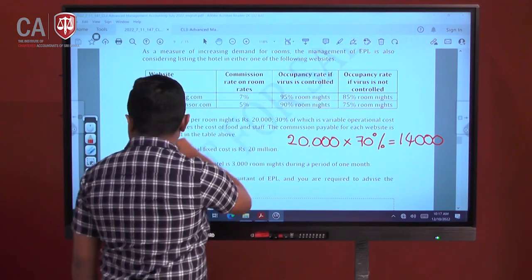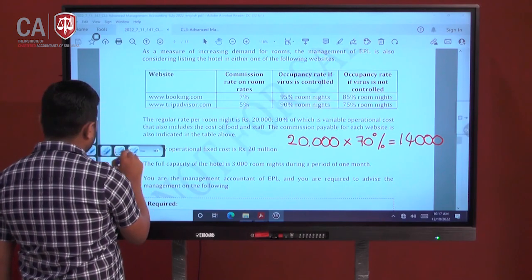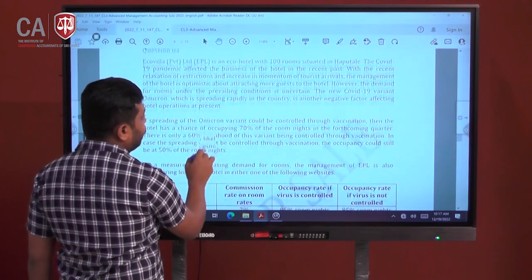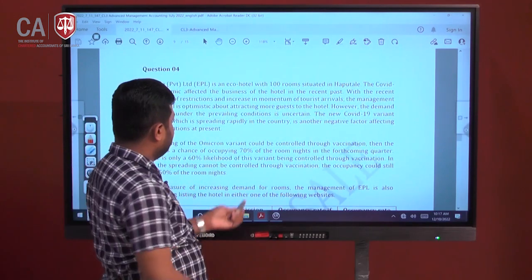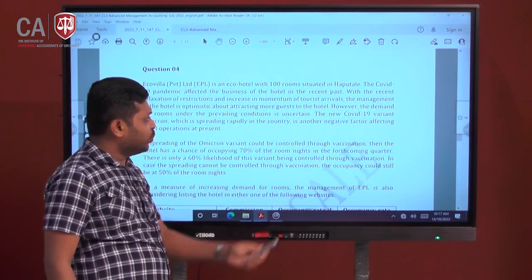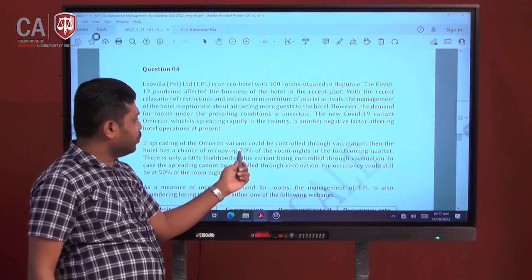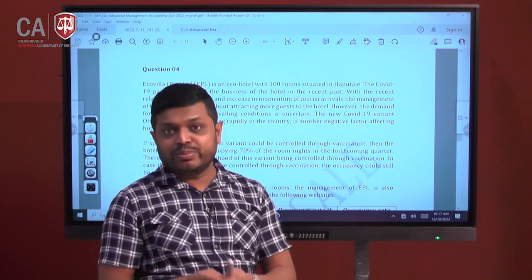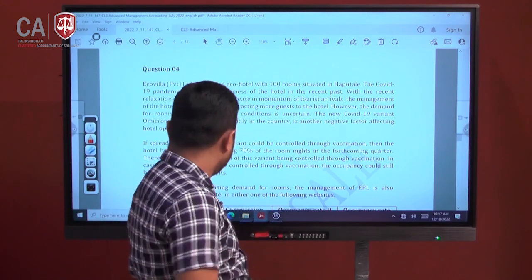It mentioned that occupancy ratio, if the virus is controlled through vaccination, will be 70%. Now, your contribution per room night is 14,000.